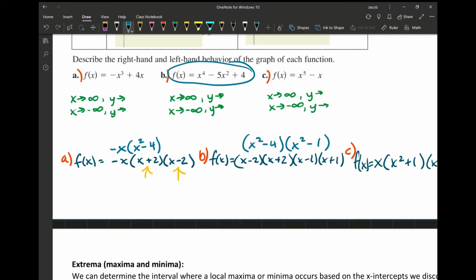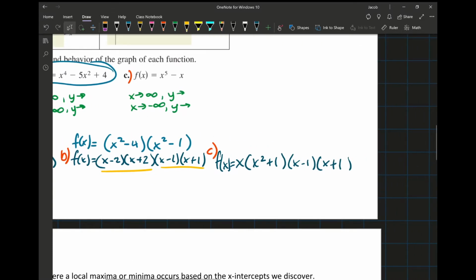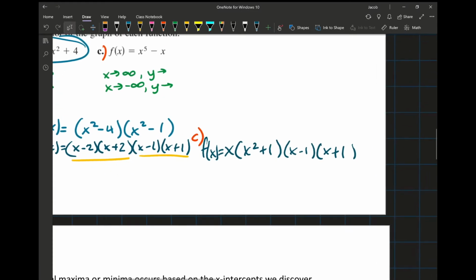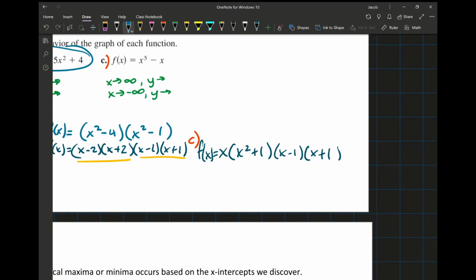And then to continue factoring, we have to use a difference of squares to get this set of factors and the other set of factors that corresponds to x squared minus 1. And then lastly, this polynomial has a factorization that has a greatest common factor of x, and then what is left over after we factor out x is a difference of squares.